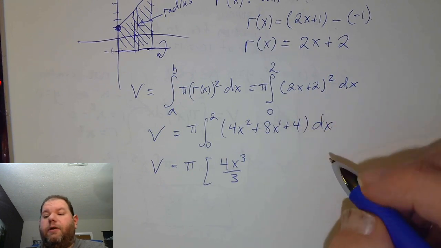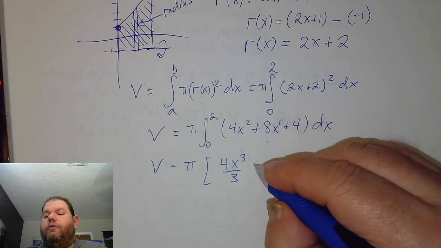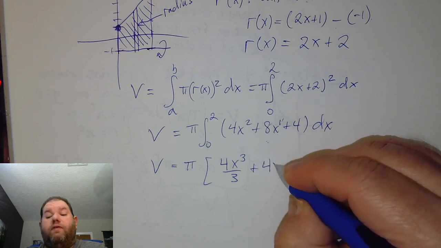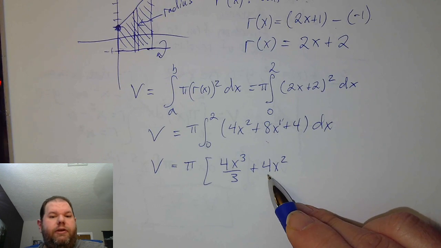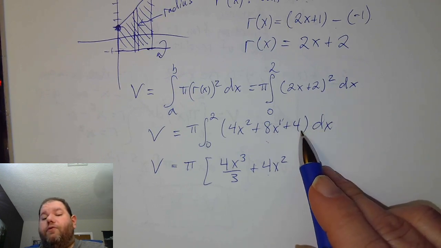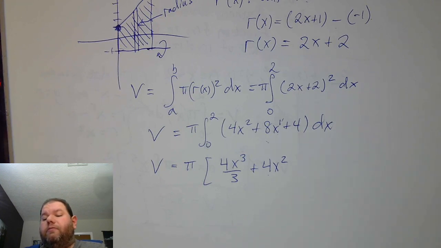That's x to the first power. So it's 8x squared over 2. So just 4x squared. So if we're going to divide by 2, 8 over 2, we can just write down a 4 there and make it a little bit easier. What about the integral of 4? What would that be? 4x. Good.